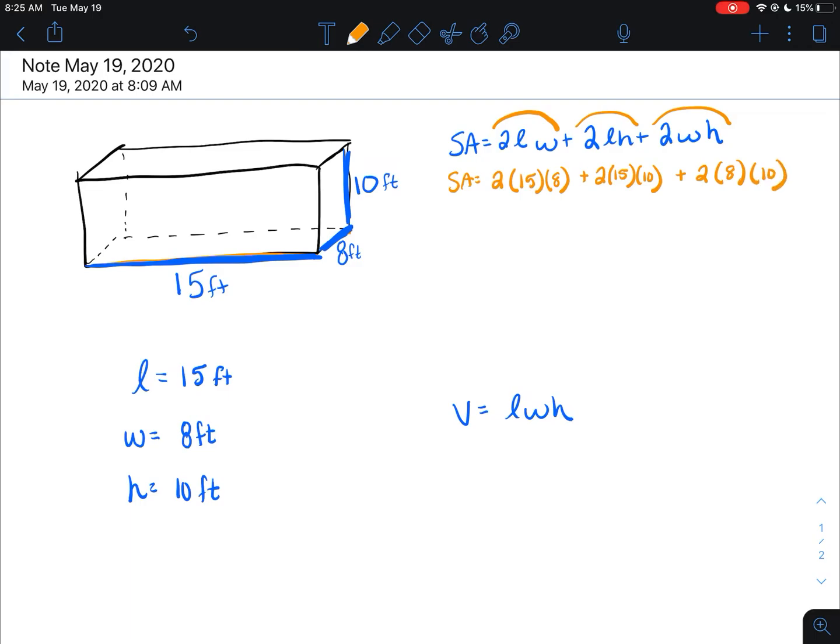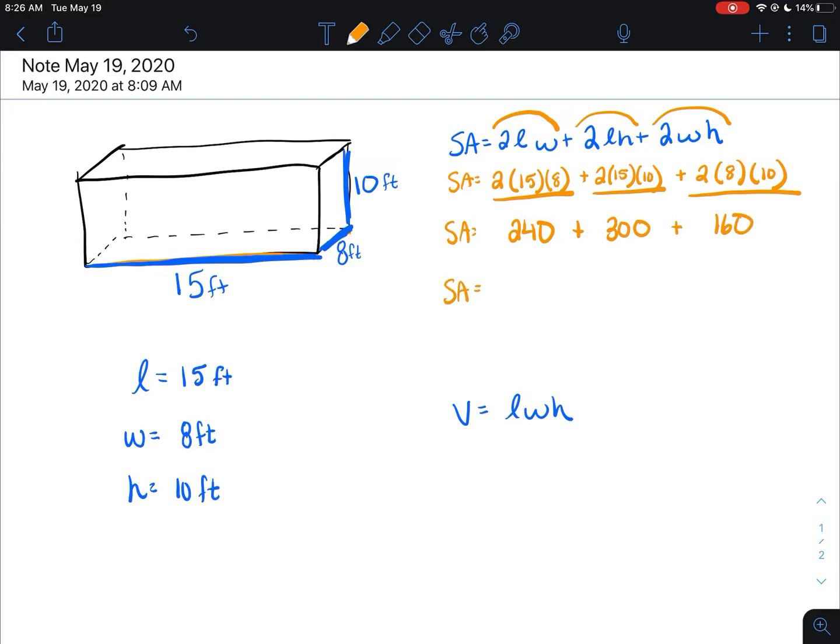So here I'm just going to multiply. Surface area equals 2 times 15 times 8, which should get you 240. We're going to add that to 2 times 15 times 10. That is 300. And we'll add that to 2 times 8 times 10, which is 160.